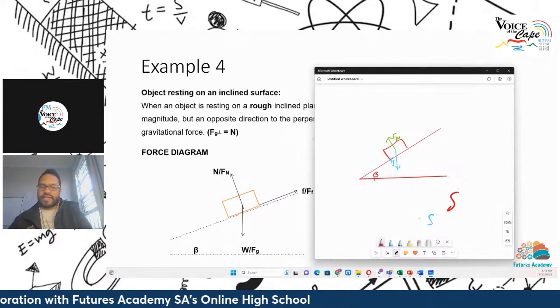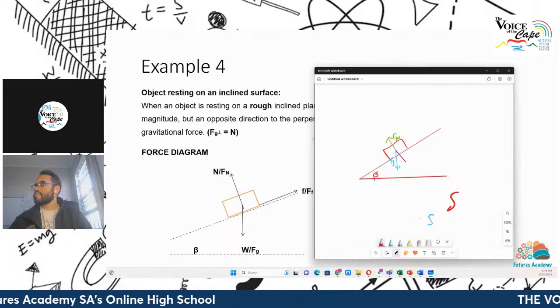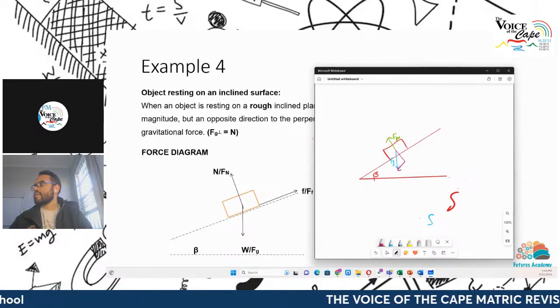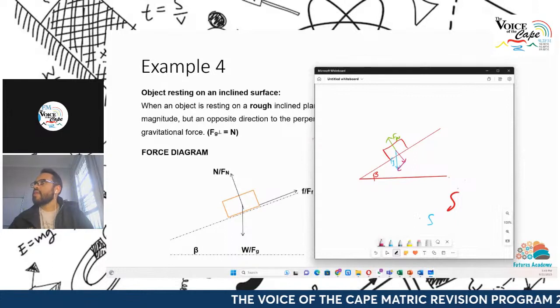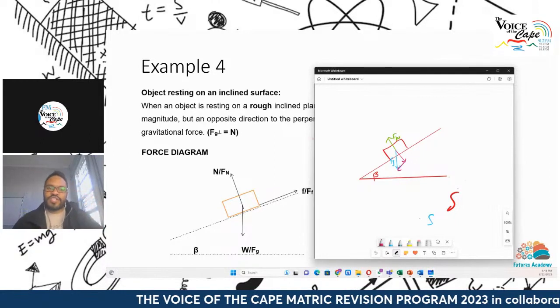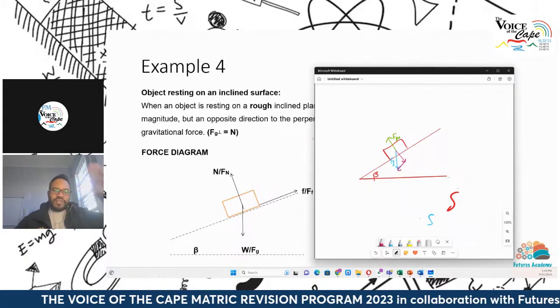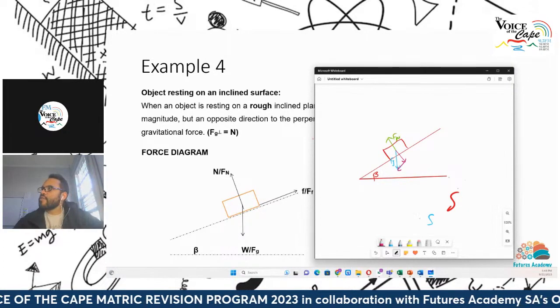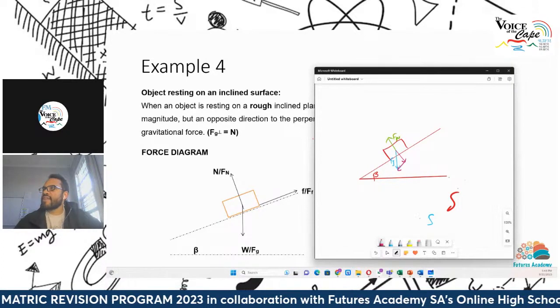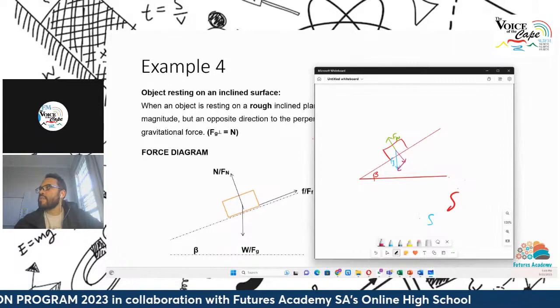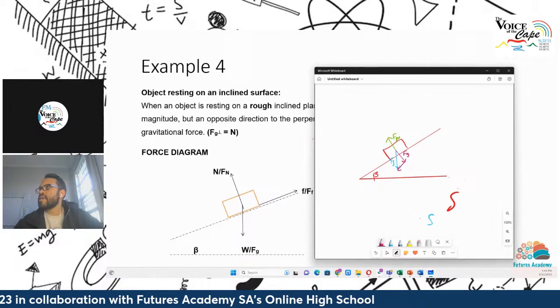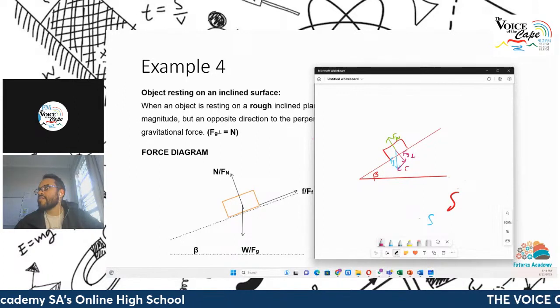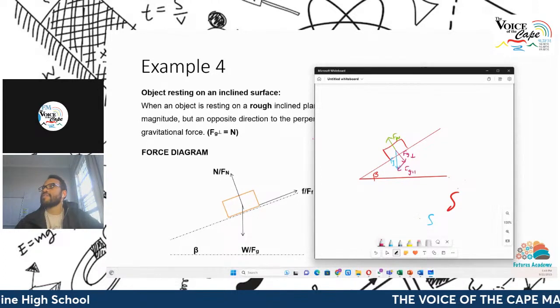Those components look like this, and they look like this in those directions. Okay. So because once again that object is not jumping up and down on the slope, the magnitude of the normal force Fn will be equal to this part over here, which we'll call Fg perpendicular to the surface. And this part over here we'll call F little g, parallel to the surface.